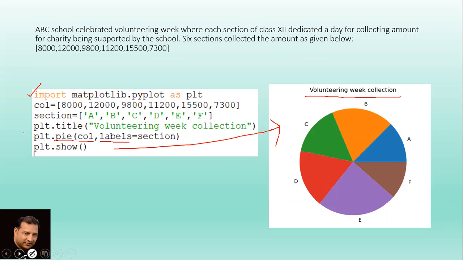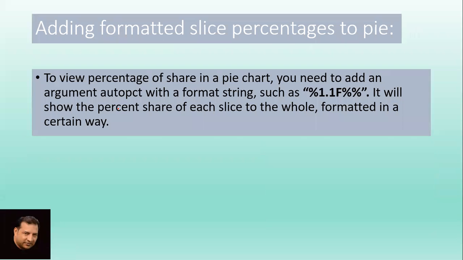For that, let us see. Okay, adding formatted slice percentages to pie. To view percentage of share in a pie chart, you need to add an argument autopct. This argument has to be used if you want to display percentages.